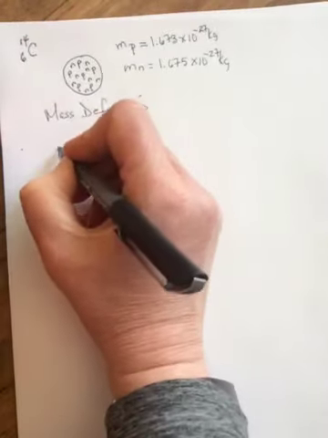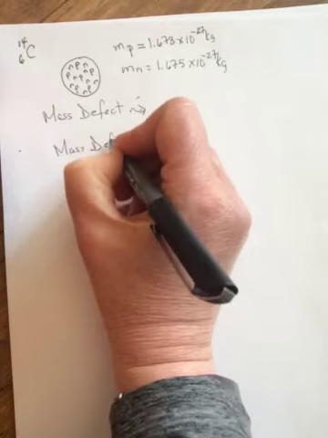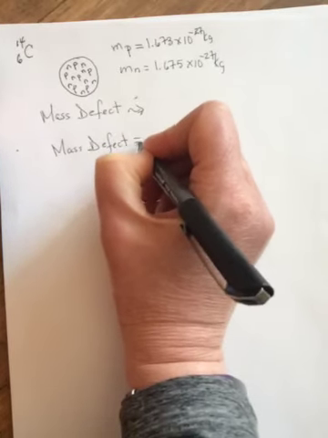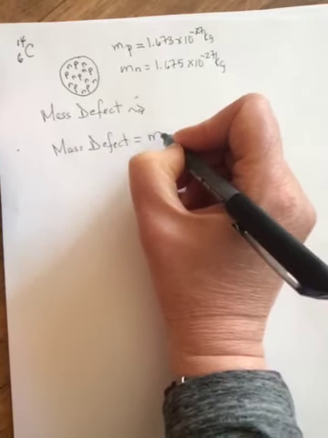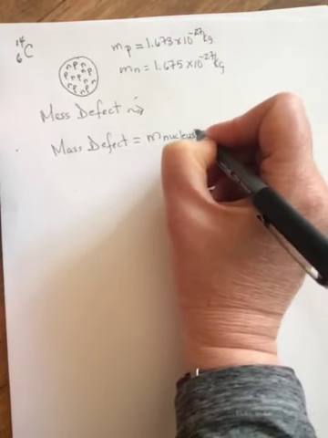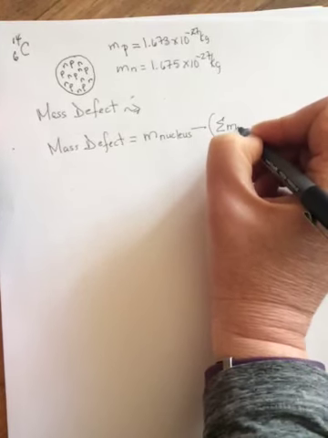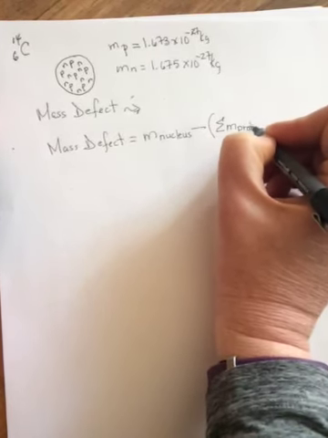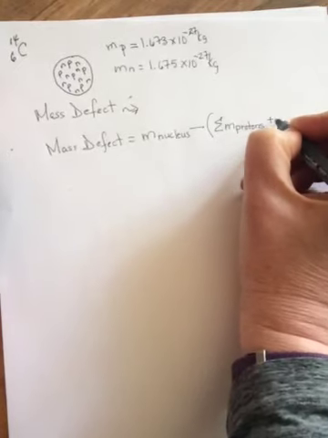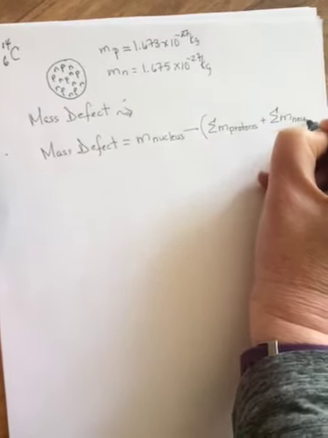Okay, so our equation, and we don't have a nice fancy letter for mass defect. So mass defect is equal to mass of nucleus minus, brackets, the sum of the masses of the protons plus the sum of the masses of the neutrons.